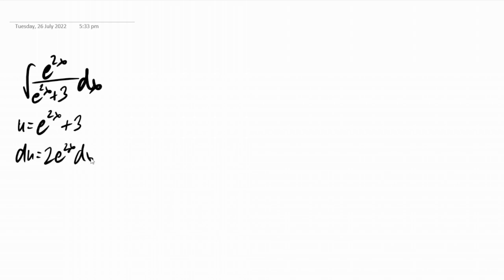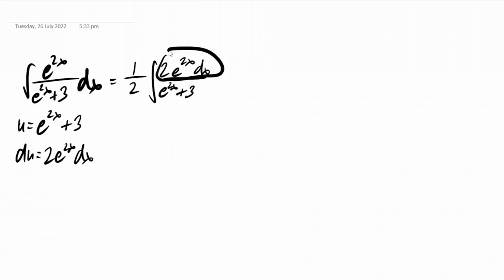That is 2e raised to 2x dx, and if you can see, we are missing a 2. We have our u here, but we are missing a 2 since there is already e raised to 2x dx on top. So we add a 2, and since we need a 2 on the numerator, we first add a 2 on the denominator, all over e raised to 2x plus 3. Forget that dx.